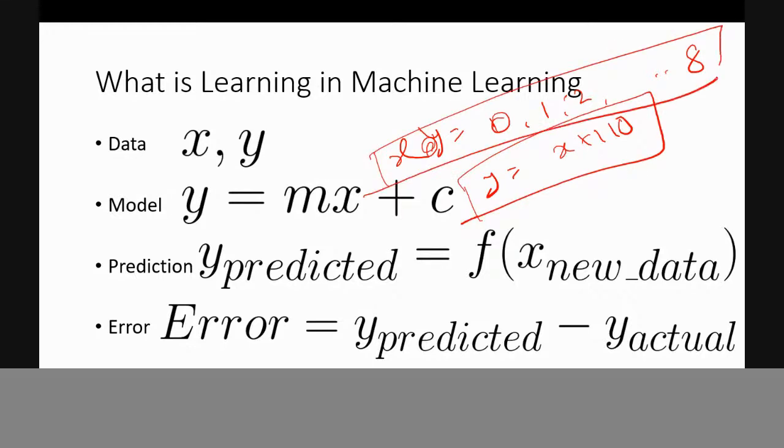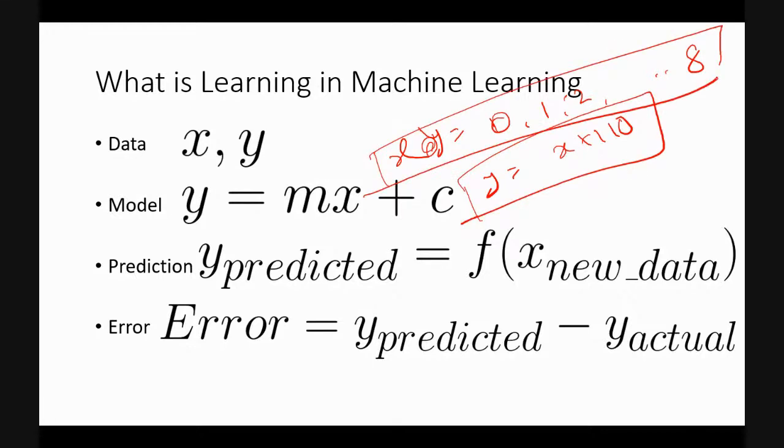If you recall geometry, any line in 2D is kind of like shown like this: y is equal to mx plus c, where m is slope, c is the intercept.